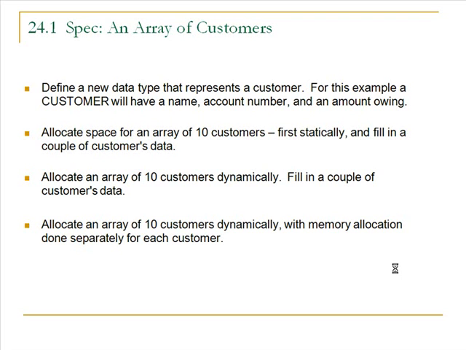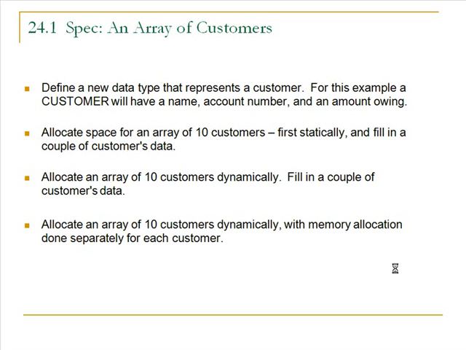Then we'll allocate some space for these customer objects dynamically off the heap, and we'll fill in a couple of those. Then we're going to allocate an array of 10 customers dynamically with memory allocation done separately for each customer. So we will revisit this slide as we go through it. I don't expect you to remember all of these. In fact, I don't expect me to remember all of these.